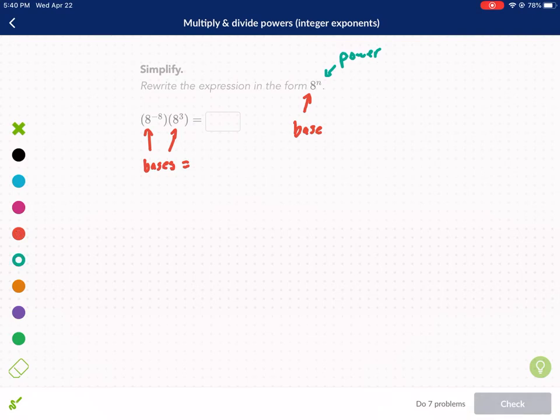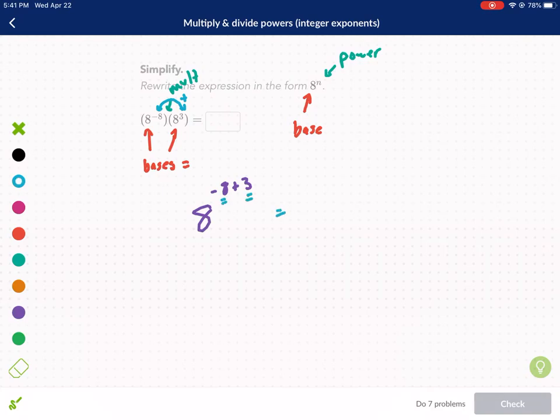So if that is the case, and we have multiplication, what we're going to do is take the powers, 3 and negative 8, and add the exponents. Anytime you have multiplication of like bases, you will add the exponents. So this whole expression is equal to 8 to the negative 8 plus 3, because we're adding those two exponents.